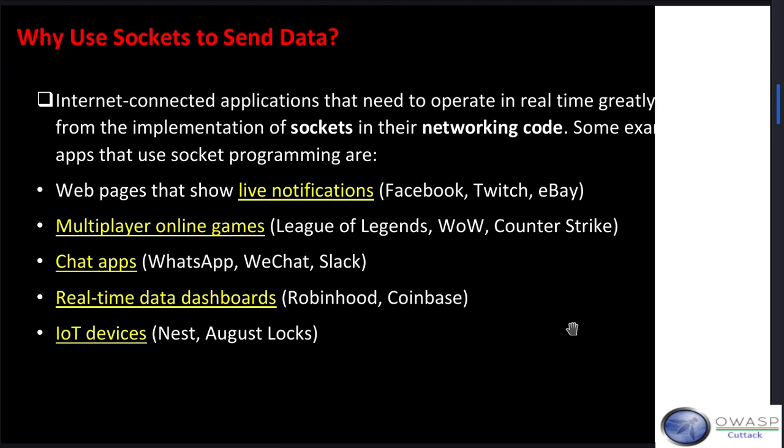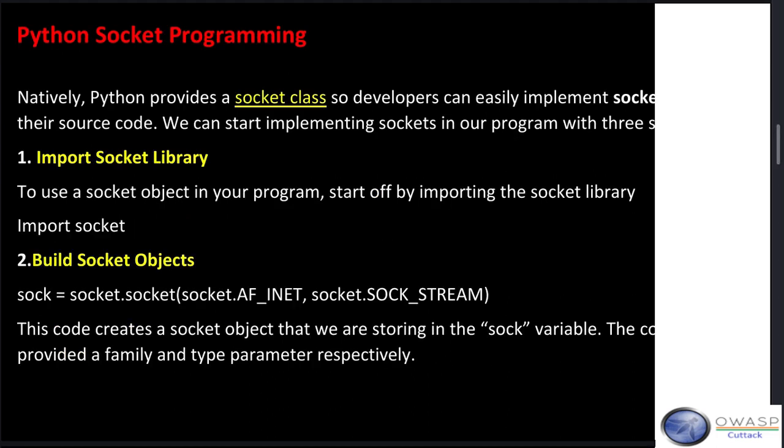So let's understand more about this. Python socket programming: let's see how a socket is defined in Python. Natively, Python provides a socket class, so developers can easily implement sockets in their source code. We can start implementing sockets in our program with three simple steps.